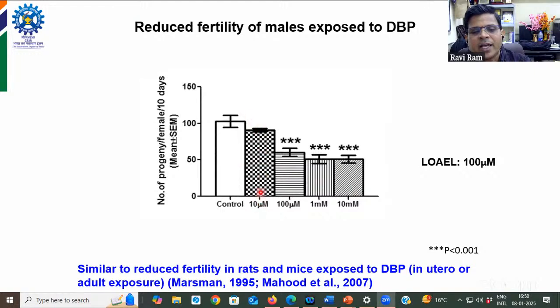We defined 10 micromolar as NOAEL. NO is nothing but no adverse effect level. There is no effect, therefore NOAEL is 10. LOAEL is from 100 micromolar onwards, you start seeing reduced fertility when the males are exposed to this particular chemical, which is dibutyl phthalate.